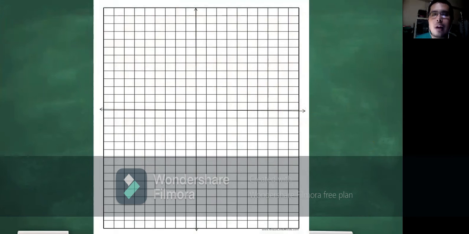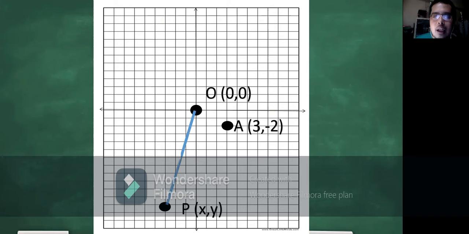If we're going to graph it, this is the point O, which is our origin. This is point A, (3, -2), so it's located in the fourth quadrant. And P(x, y) is any point on our Cartesian plane. So it's as if you're forming a right triangle, as if you're using the Pythagorean theorem.